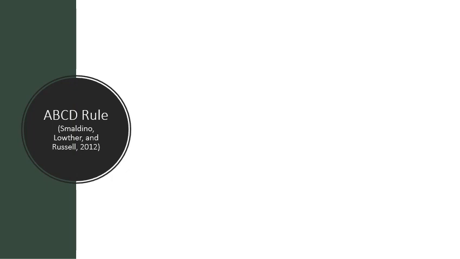Now class, behavioral objectives are statements that communicate who will do what under which conditions and how well, how much, or when, according to Cummings in 1994. An easy way to remember the 4 elements that should be in a behavioral objective is to follow the ABC rule proposed by Smaldino, Lowther, and Russell in 2012.